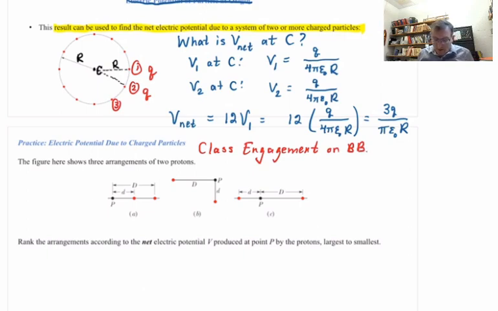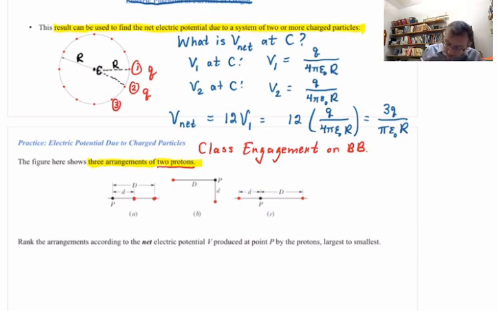Okay, here's what it says. This figure shows 3 arrangements, each arrangement consisting of 2 protons. Protons, remember, have positive charge by an amount little e. And in each picture, the protons are represented by the red dots. So in picture A, there they are.